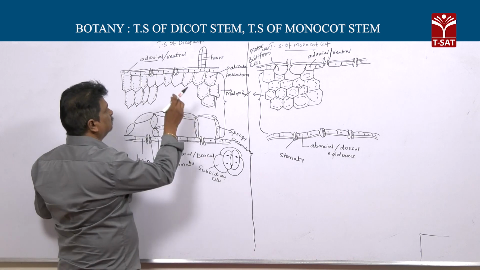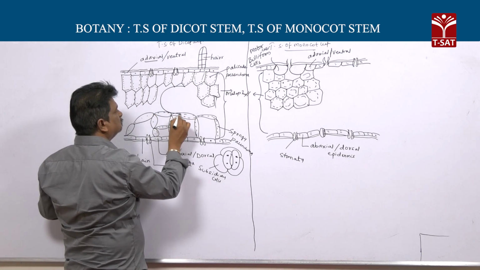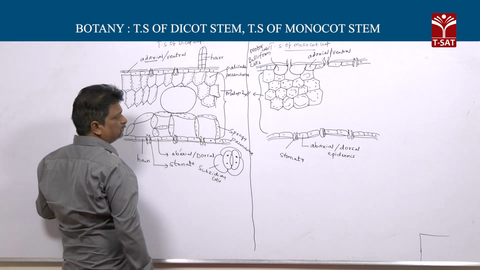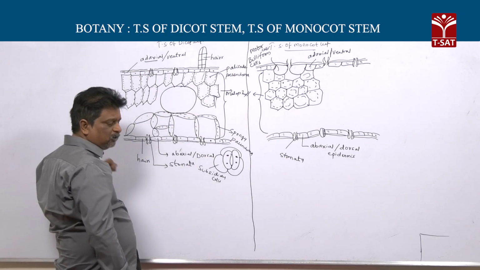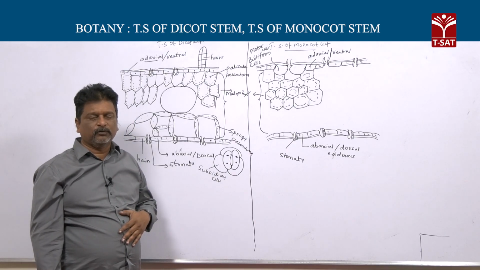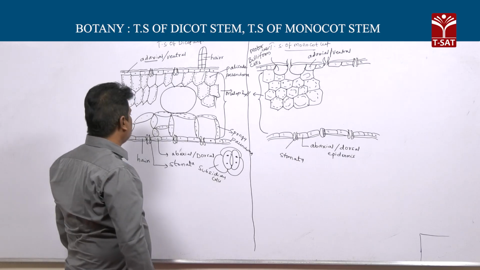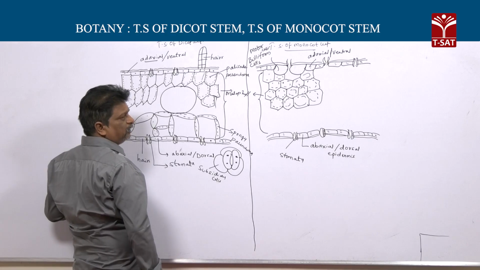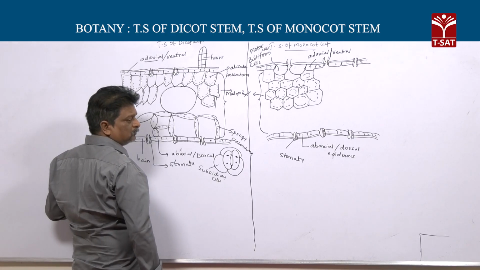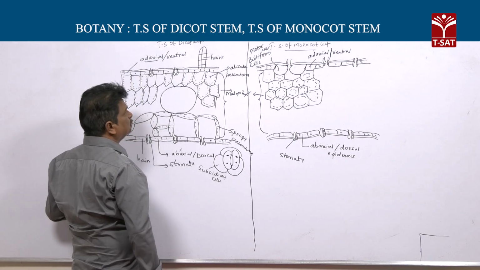The next one is vascular bundles. These vascular bundles form veins or veinlets, and the veins and veinlets provide mechanical support to the leaf lamina.